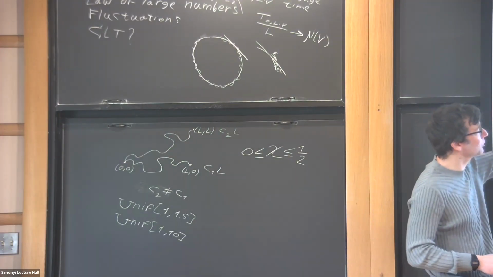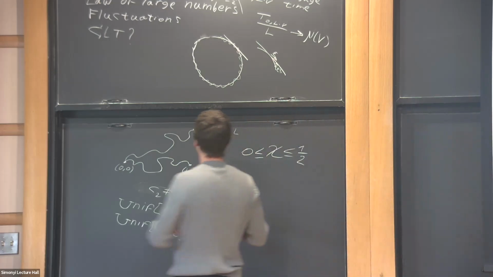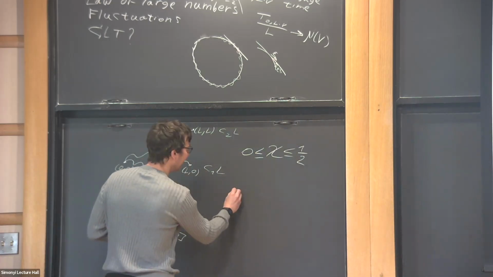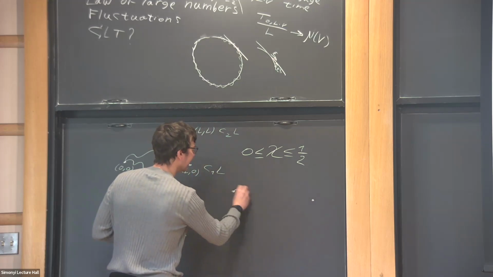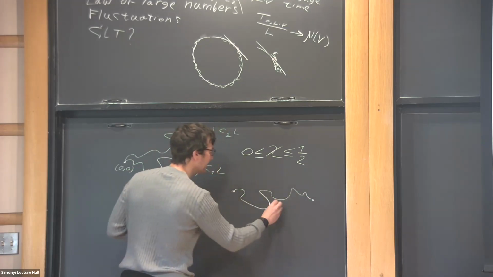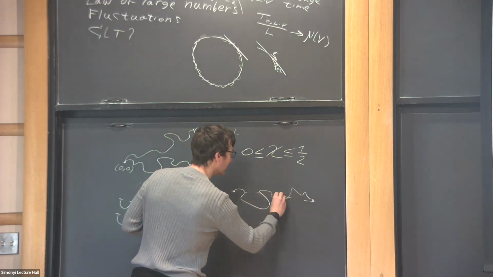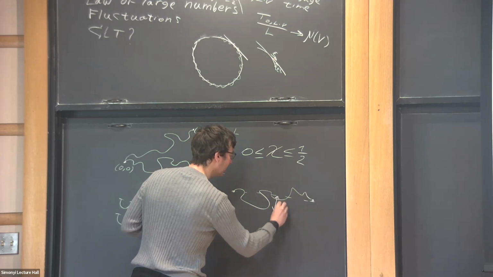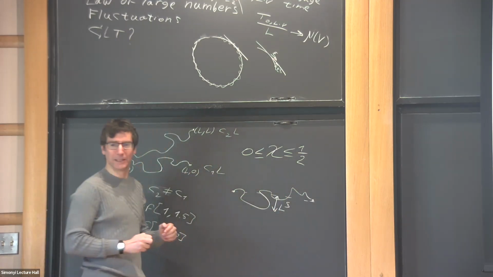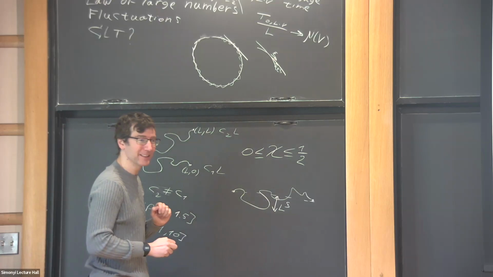Okay, what about the transversal fluctuations, so the height fluctuations? As I said, I may expect that the minimal path between these 2 points is close to a straight line. How close can we say that it is to a straight line? Well, we cannot say.